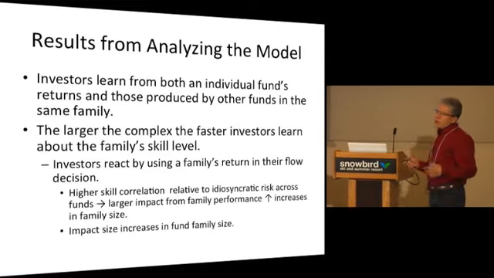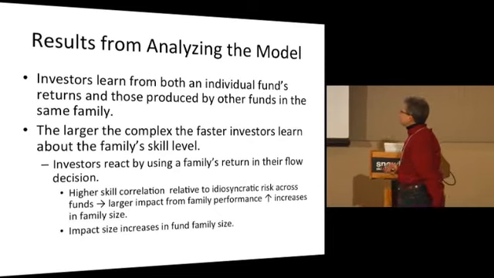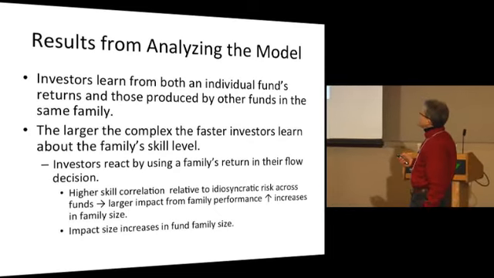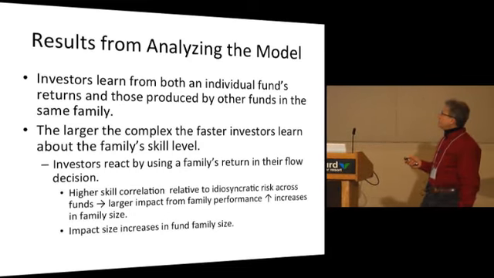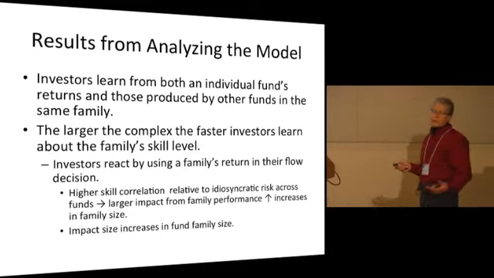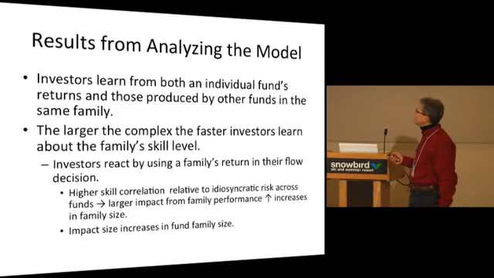So you can take these models and you can actually apply them directly to the data. In this case, though, what they do is they show that investors learn from both the individual fund's returns and those produced by other funds in the same family, which we would expect to come out of a statistical model like this.